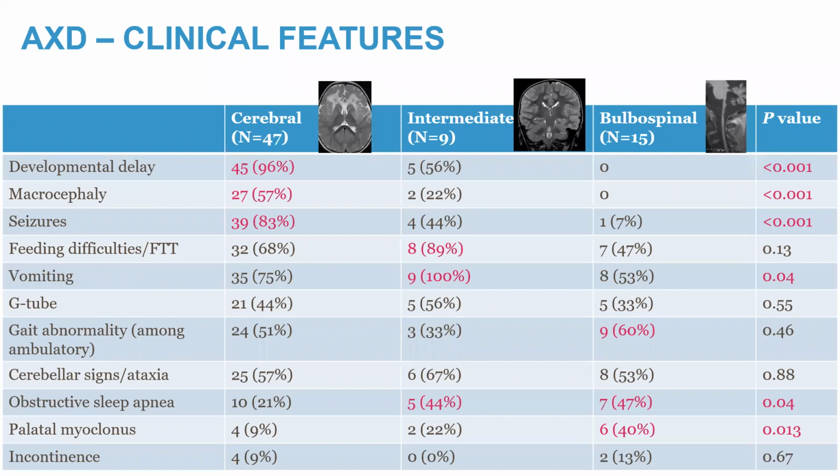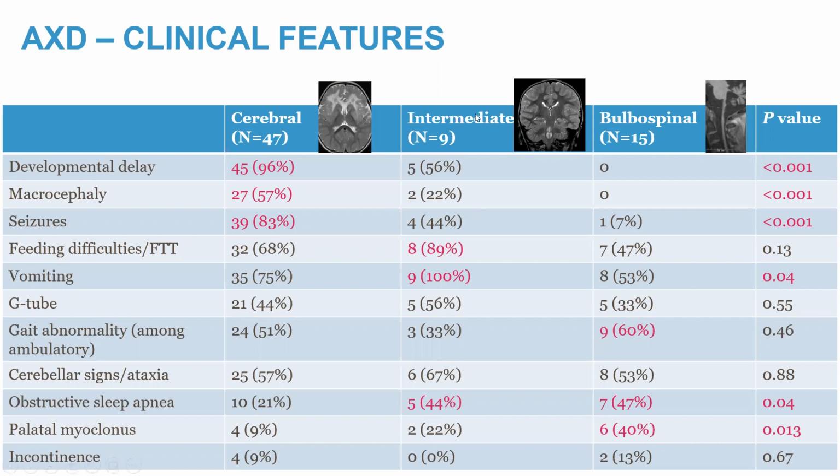I want to spend just a minute talking about the clinical features of Alexander disease, because they differ in the cerebral, intermediate, and bulbospinal forms of this disorder, but there are universal symptoms that affect all patients with Alexander disease.